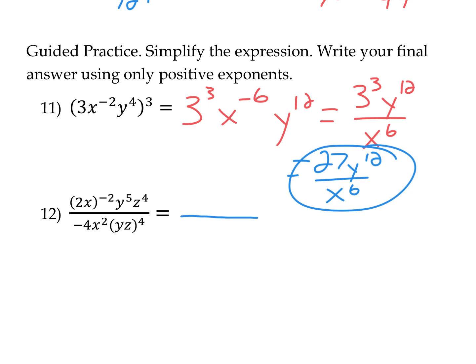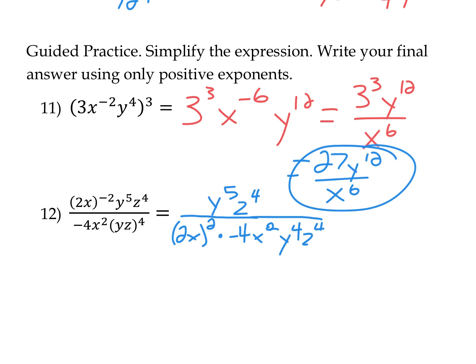So we're going to have 2x to the positive second times negative 4x squared y to the fourth z to the fourth. We can have everything inside those parentheses to the fourth power. And then the numerator, we're still going to have y to the fifth, z to the fourth.